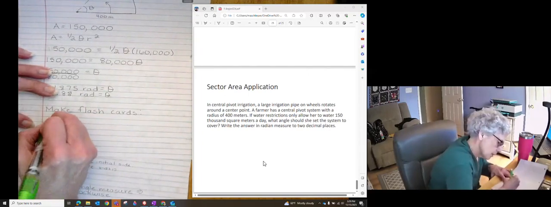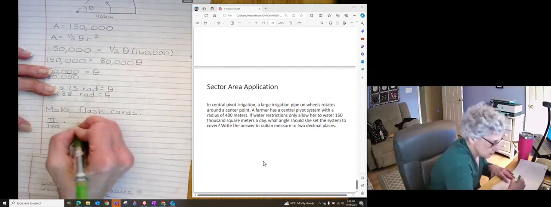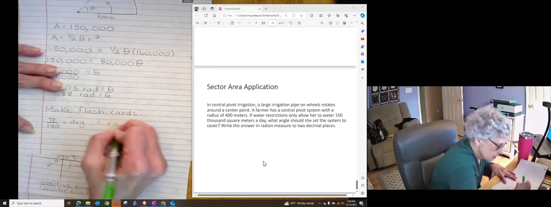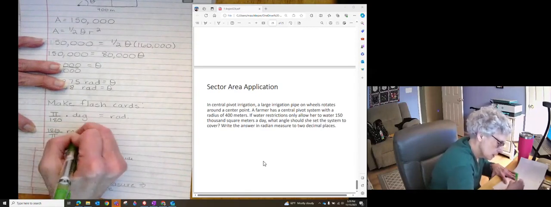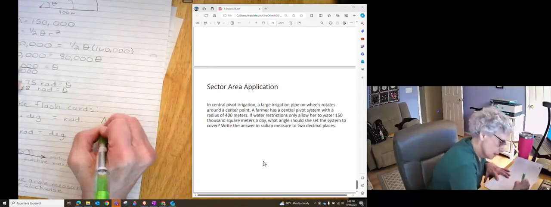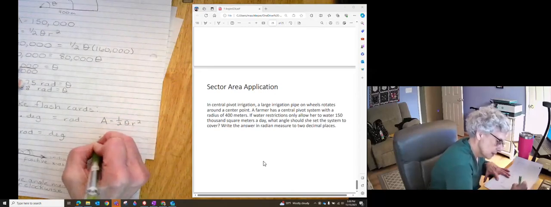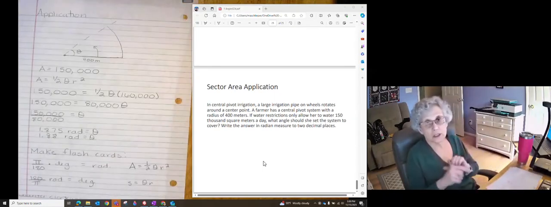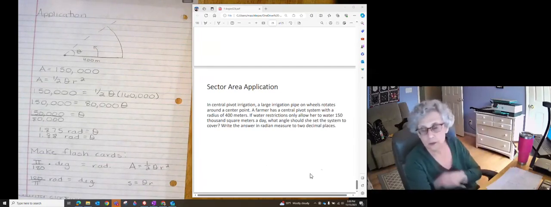So pi over 180 times degrees equals radians, and 180 over pi times radians equals degrees. Area is 1/2 theta r squared, and the arc length is just equal to theta times the radius. So make yourself some flashcards or whatever method you like to use. You can do this.